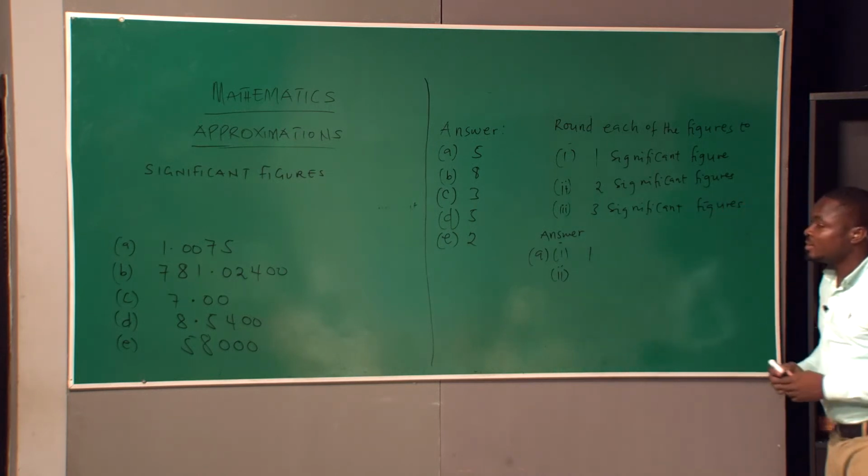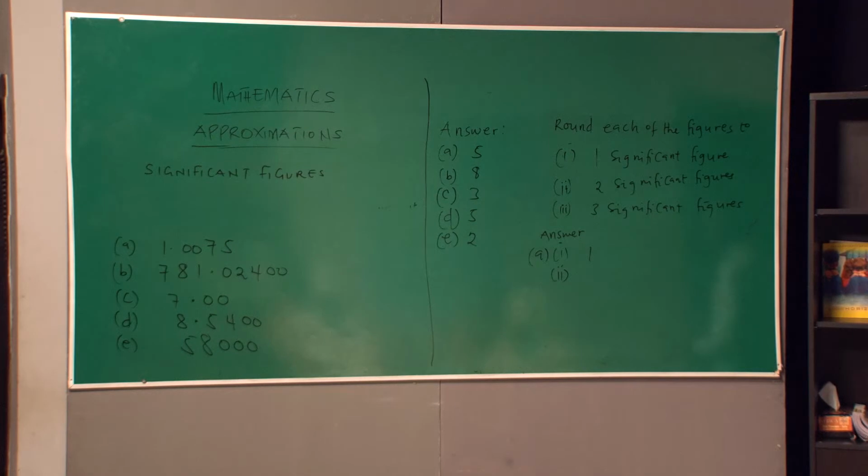This one, it will just be 1. I told you the zeros that come after the decimal point are all what? Significant. So 1.0075, you don't have to repeat all the zeros to show anything. So just write 1. To one significant figure, it is 1.